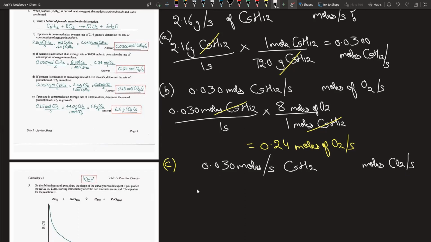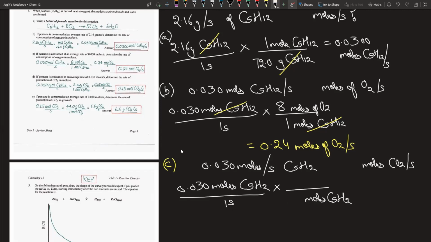Very similar steps, guys. You're going to say we have 0.030 moles of C5H12 per second, and we want to convert it to moles of CO2. So I have moles of C5H12, I put moles of C5H12 at the bottom.